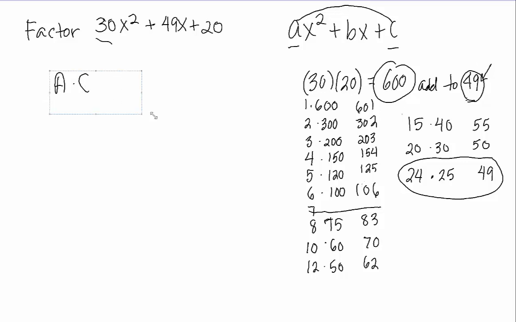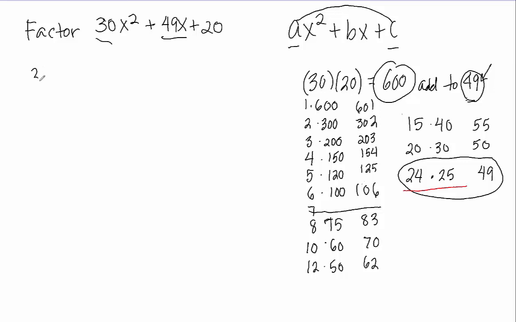Now once I've done that, this tells me how I need to split apart my middle term. 24 and 25 are going to be used to split up this middle term, 49x.